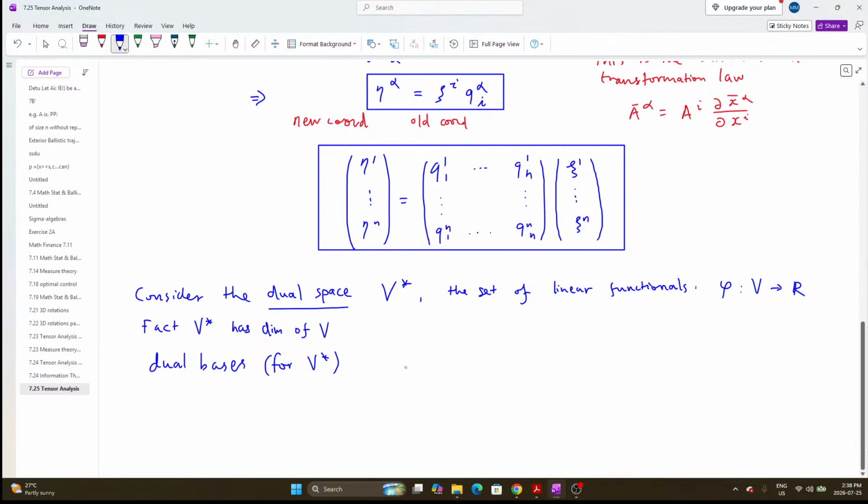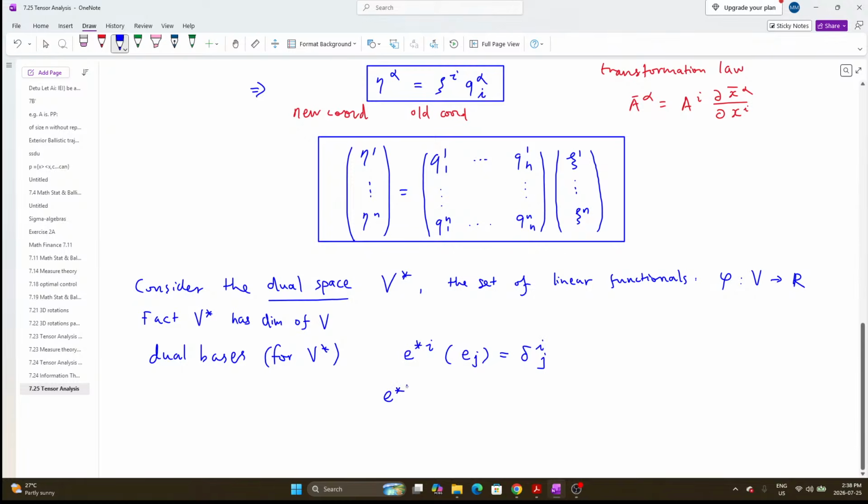Dual basis, I'm going to use E star i this way. E star i is a linear functional. It takes Ej to Kronecker delta ij. So together, E star 1, E star 2, all the way to E star n forms a basis for V star.